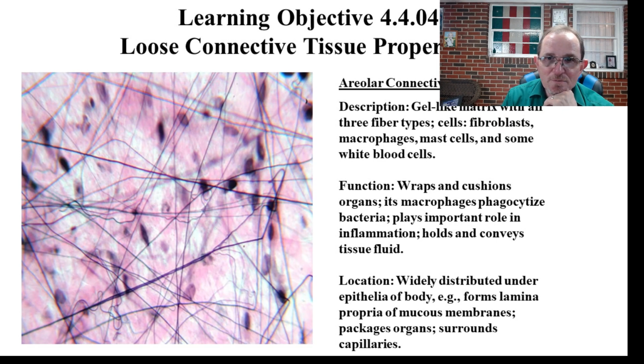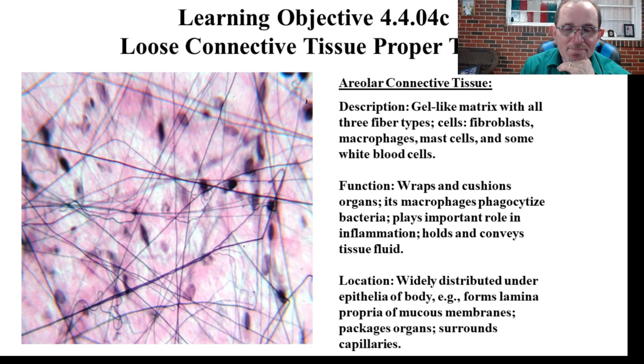Okay, here is one. I told you we were going to look at areolar loose connective tissue. If you look there, I don't know if you can see those pink. Those are the collagen fibers. Humongous. These darker fibers are going to be the elastic, and then those very light fibers are going to be our reticular.